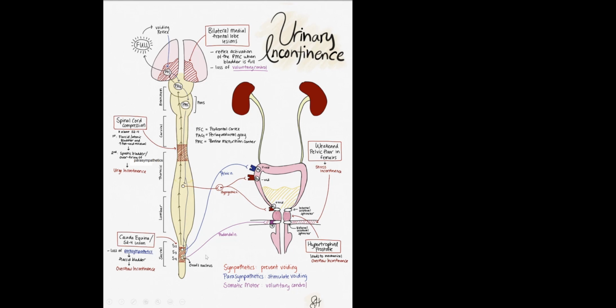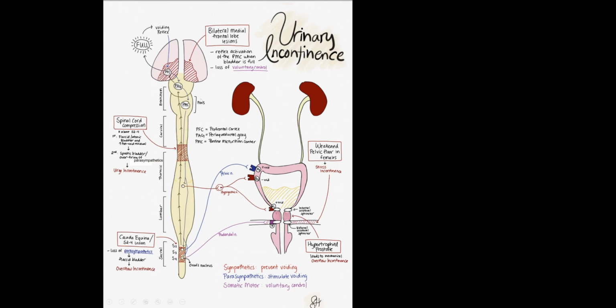And then we have what is under somatic or voluntary control here from these anterior horn cells called Onuf's nucleus in the sacral cord, and via the pudendal nerve and nicotinic receptors, these constrict the external urethral sphincter to prevent voiding. All right?